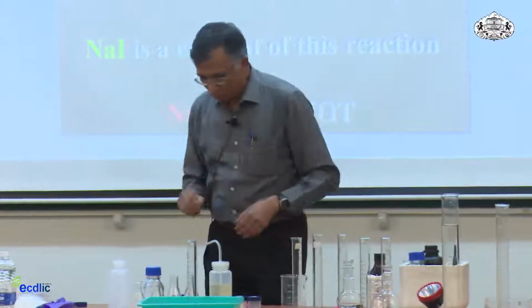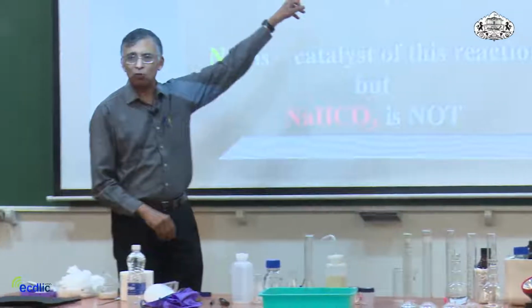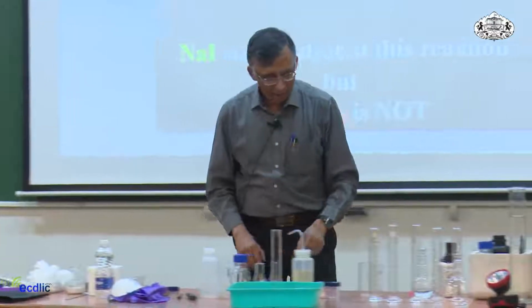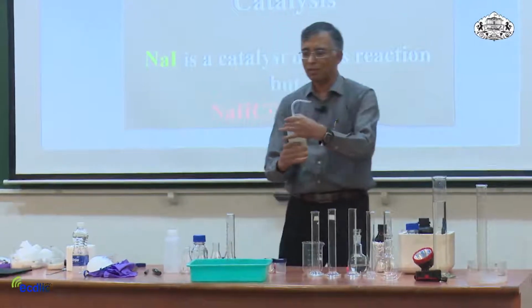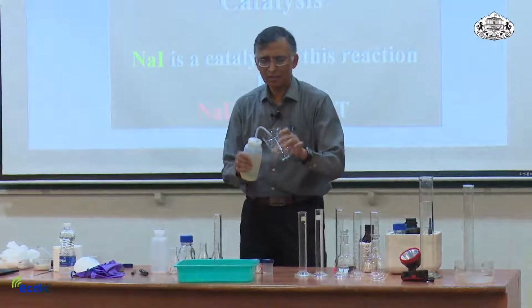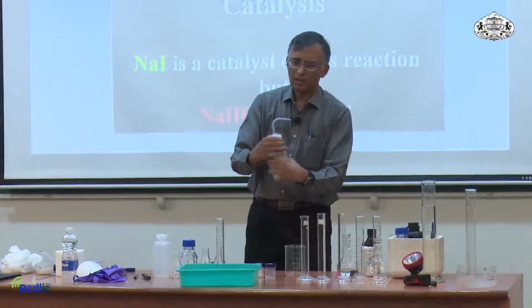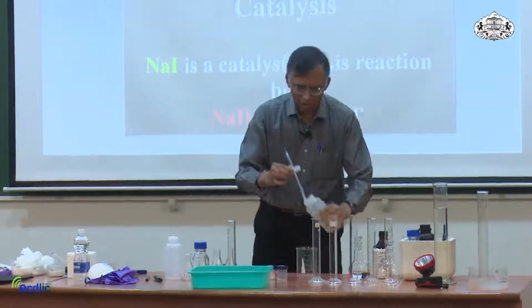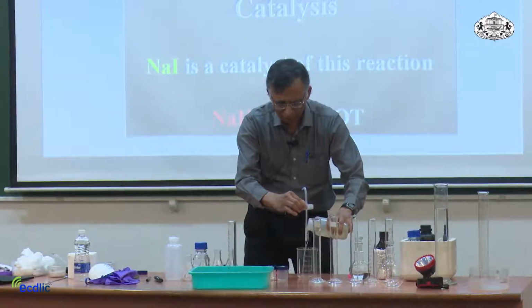Okay, so we will do this experiment and since oxygen is coming out here, to make the experiment a little more entertaining, I will mix the hydrogen peroxide with some liquid soap, so that the bubbling oxygen, okay, I need to open this.